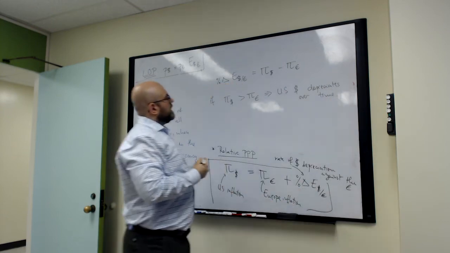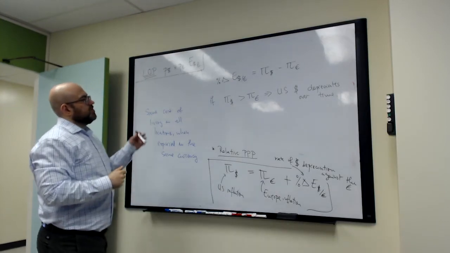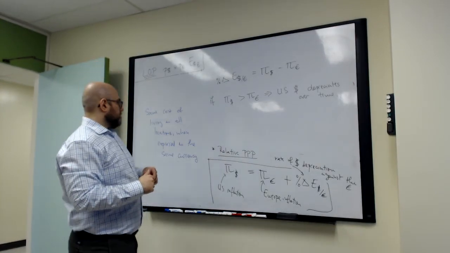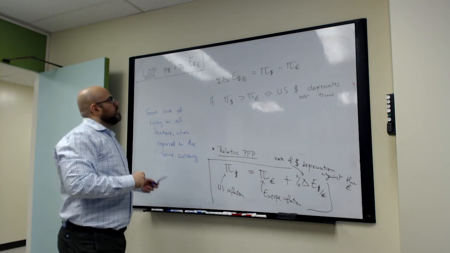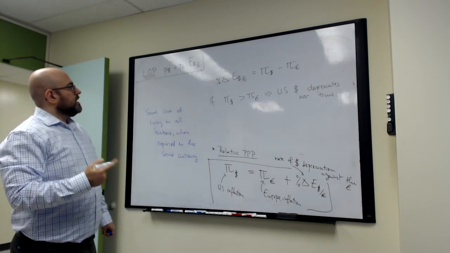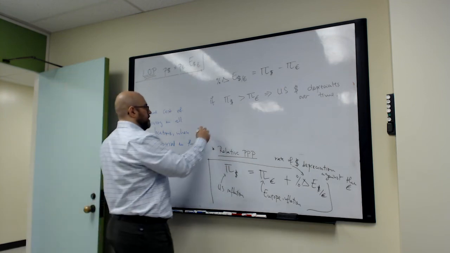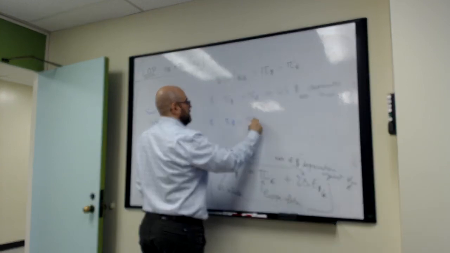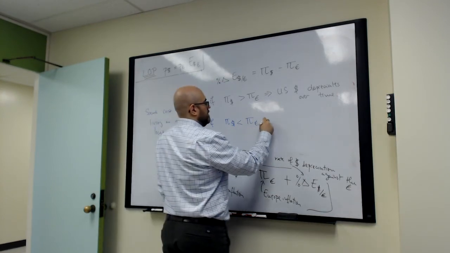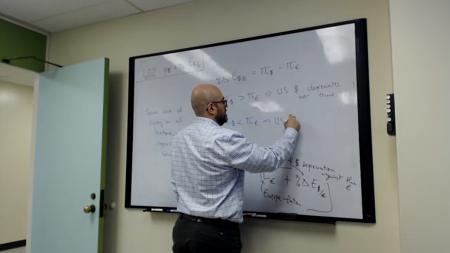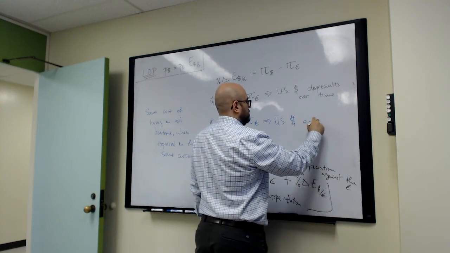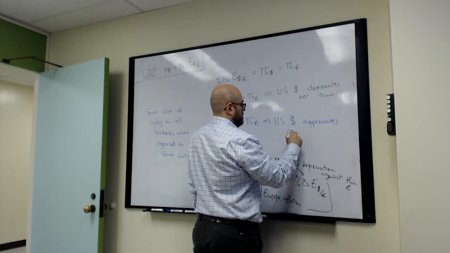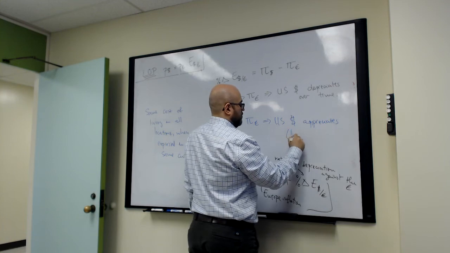So over time, as long as US inflation is higher, the dollar becomes weaker and weaker in nominal terms. The opposite is true if inflation is lower in the US. So if US inflation is less than inflation in Europe, then the US dollar appreciates over time. So that means we have a stronger dollar.